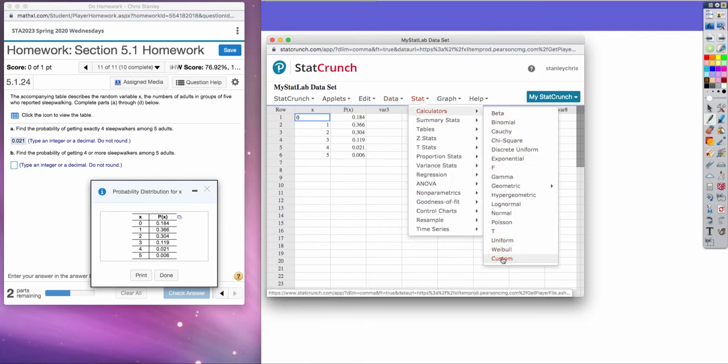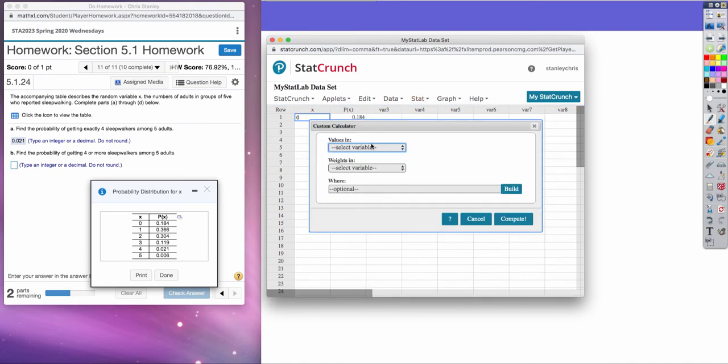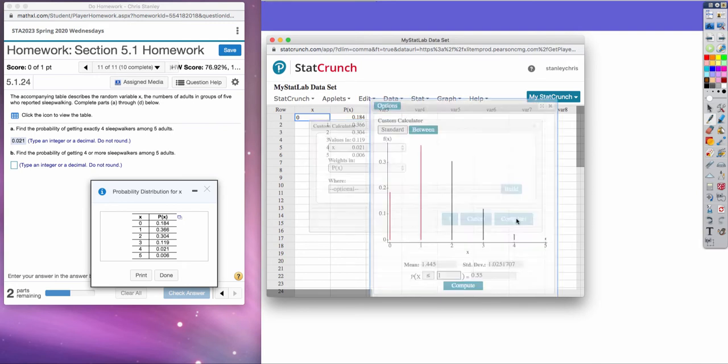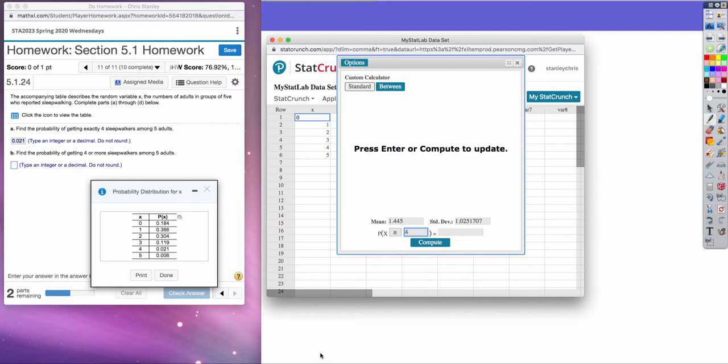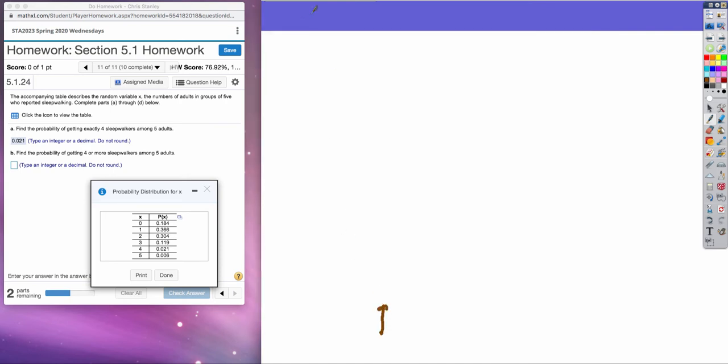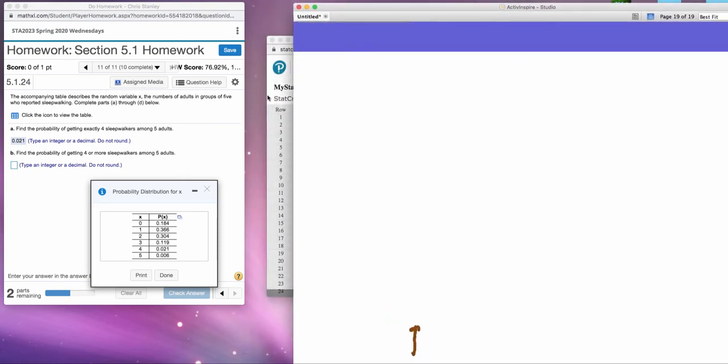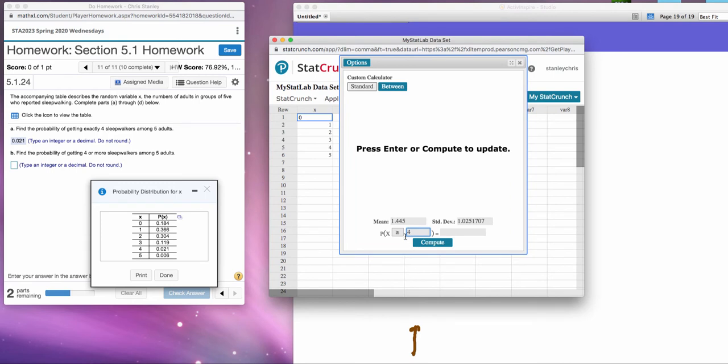Go to your custom calculator again. This is sort of the long way, but this says 4 or more. That means this x right here. Look here on the bottom right. Look where my cursor is going. Up here.